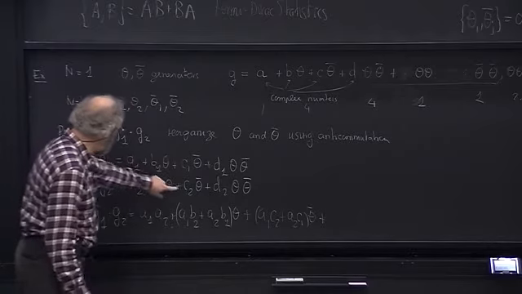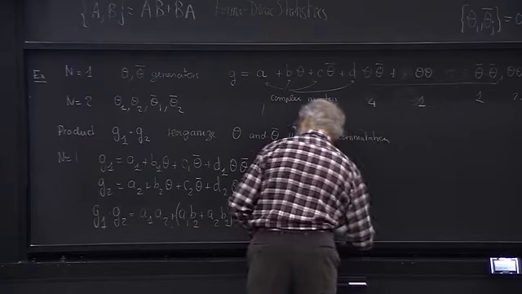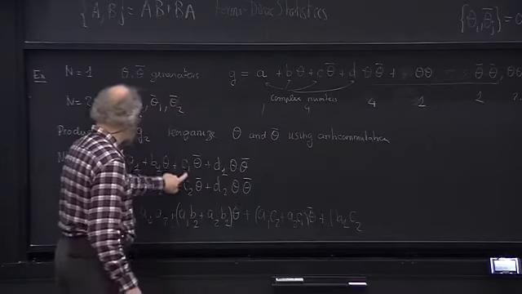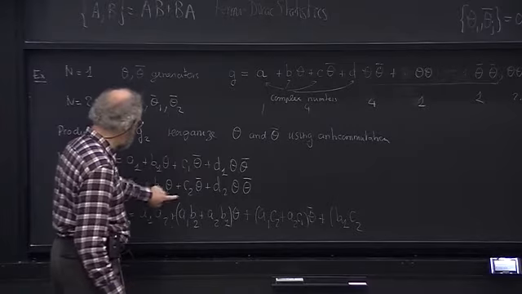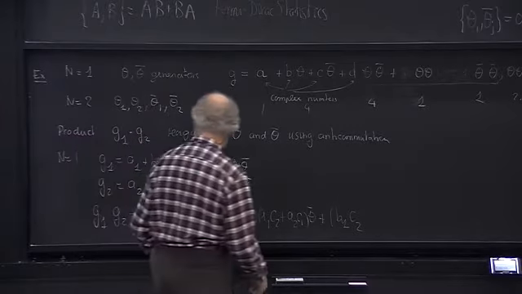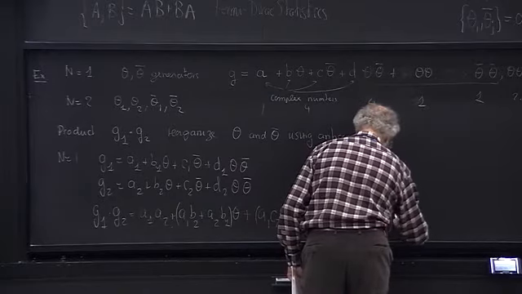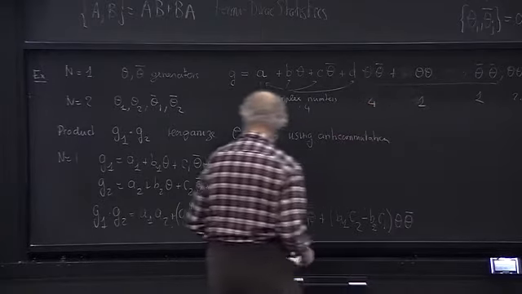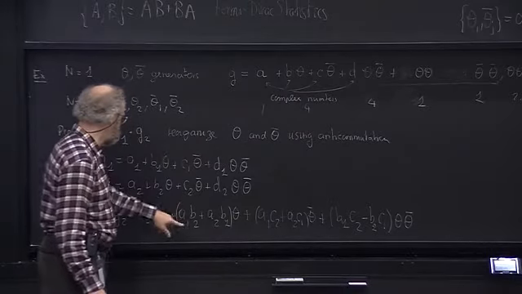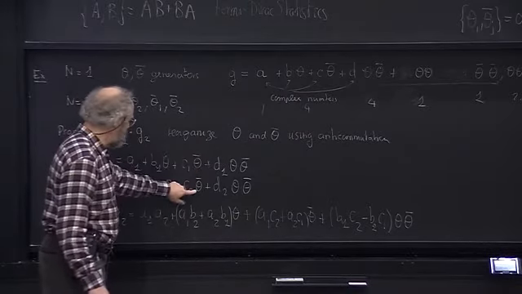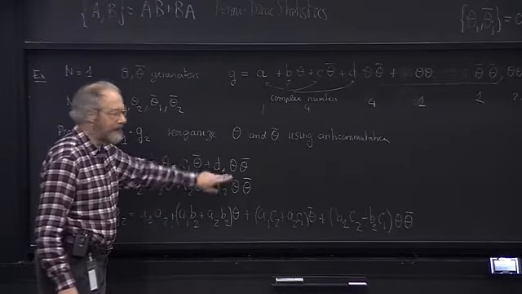You may have B1 times C2, and you may have C1 times B2, but then you have a theta bar before theta, so you must anti-commute, so you get B1 C2 minus B2 C1 times theta theta bar. And that's all, because any further products, for instance theta bar with theta bar, give 0, because you have twice the same theta, etc.